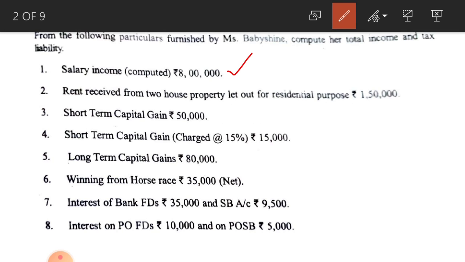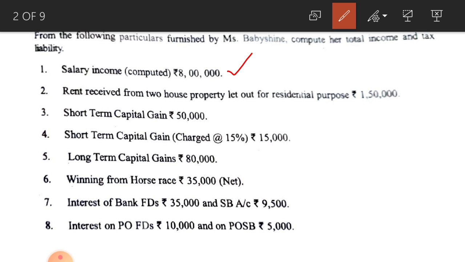Next one, rent received from two house property let out for residential purpose rupees 1,50,000. Here rent received from house property is given. This is not the income. To calculate income from house property, you have to deduct some items from a rent received. That is, first one, municipal tax or local tax paid by the landlord if any.